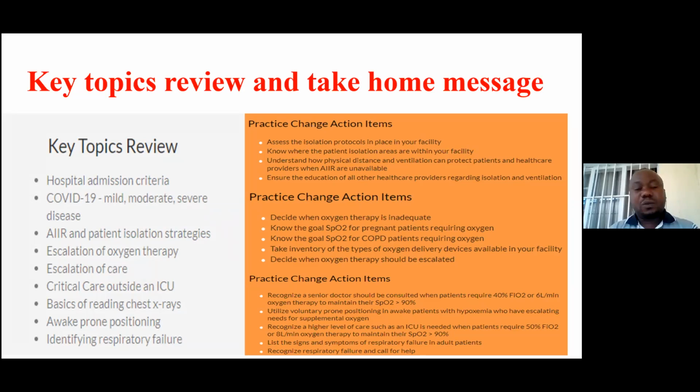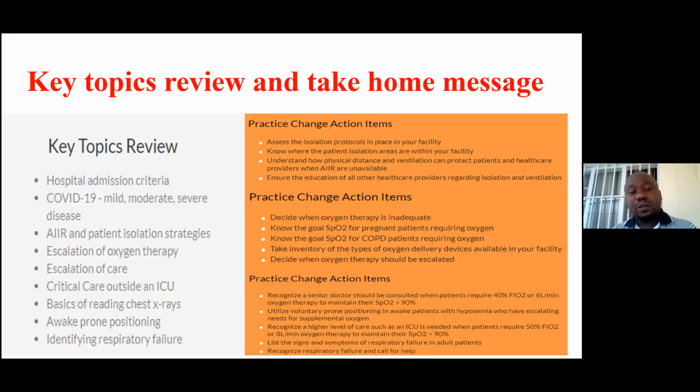And then we are encouraging you to have an equipped isolation room in your hospitals and have all equipment around it, and know how to escalate or de-escalate oxygen therapy as you go up, until you reach your target. You may also wean slowly and progressively down until room air.